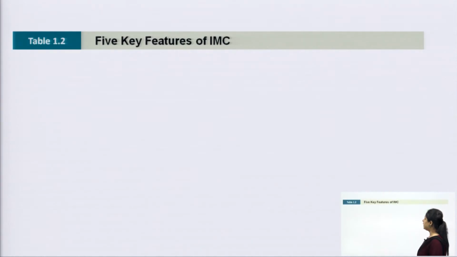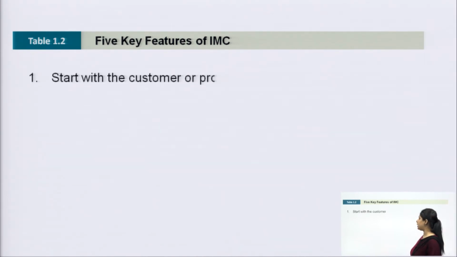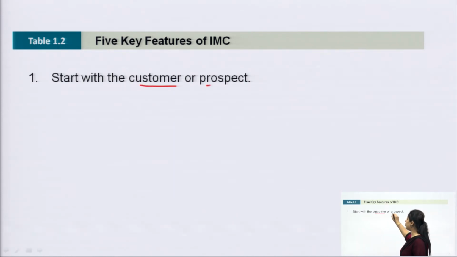So, moving ahead, there are key features of IMC which are very important, and this actually guides us in how we proceed with the IMC. So, when we start with the IMC, we always start with the customer or prospect. We always look at for whom we are preparing the message, whatever creativity, whatever communication we are planning to have. So, that is for the customer or the prospect.